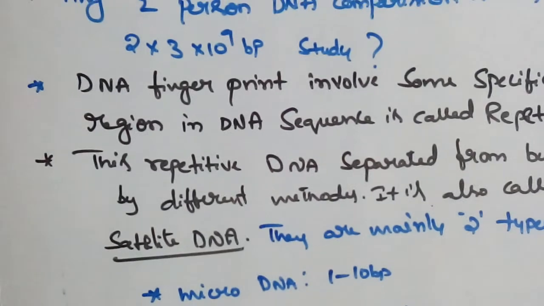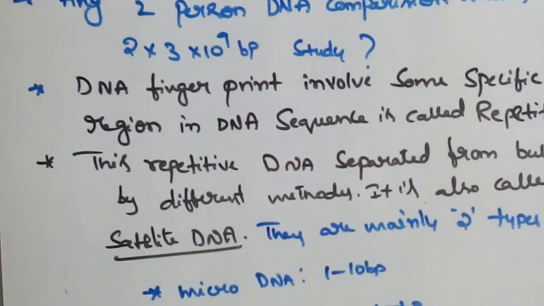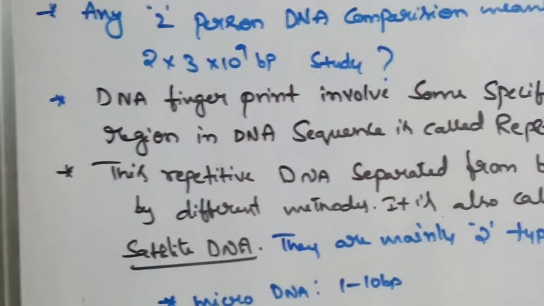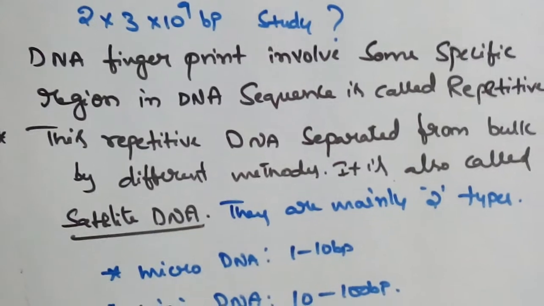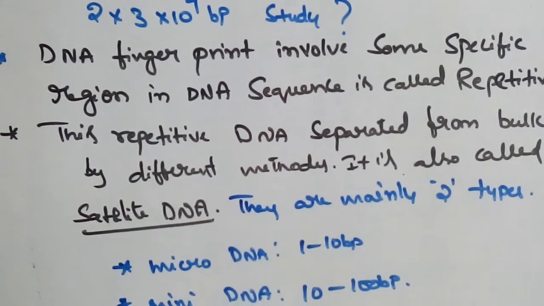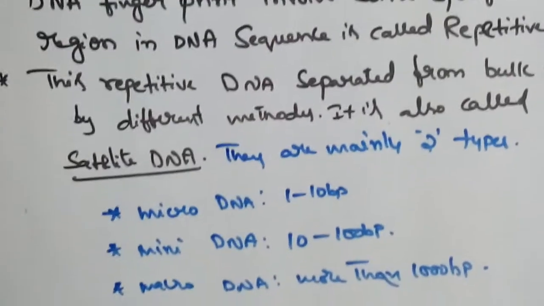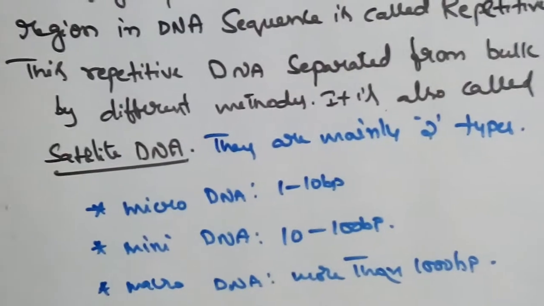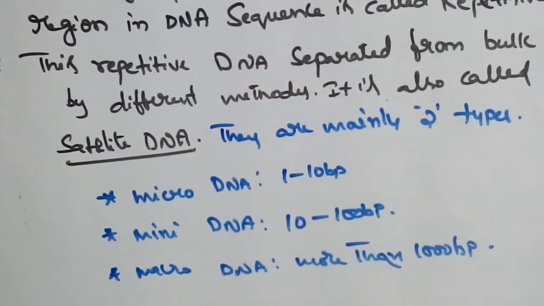For example, if you consider AT, adenine thymine, and GC, if it is repeated continuously, then we call it repetitive DNA or satellite DNA. Most of our DNA is made up of this repetitive DNA. If the base pairs are repeating 1 to 10 base pairs, then it is called micro DNA or microsatellite.